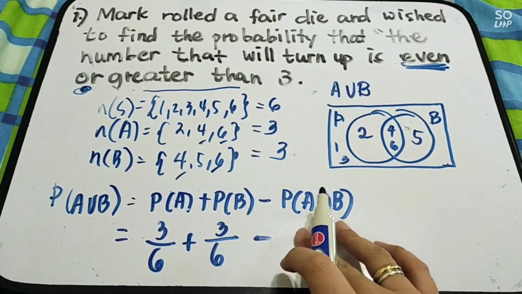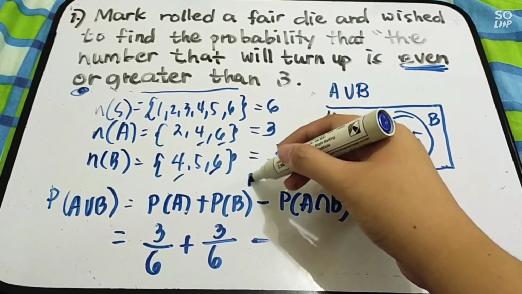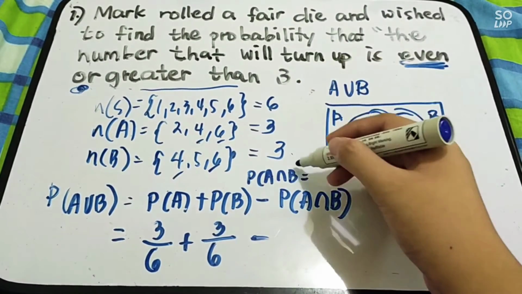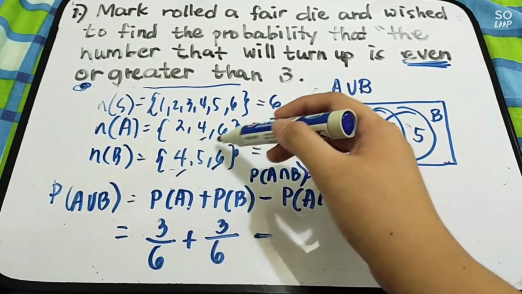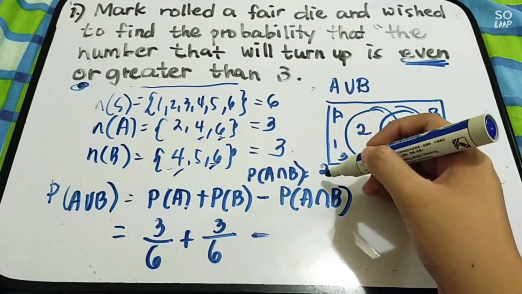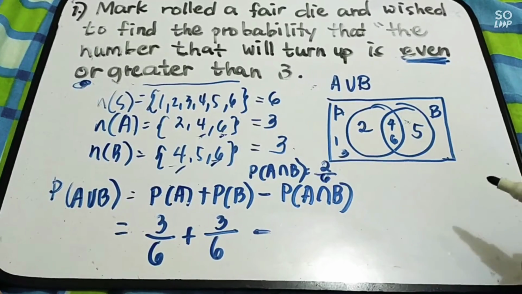So, ilan ngayon dito yung probability ni A intersect B? Yung probability ni A intersect B is equal to, ilan yung nagkaparehas? We have 4 here and then 6. So, 2 elements yung nagkaparehas over how many? We have 6. Ayan.